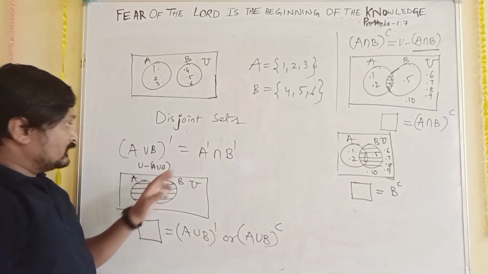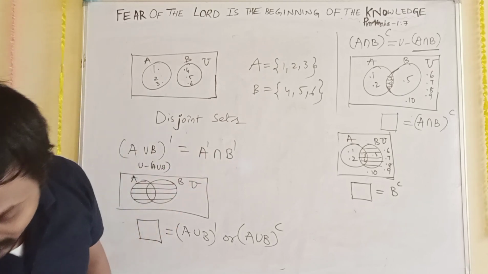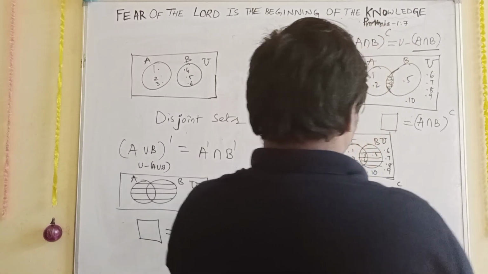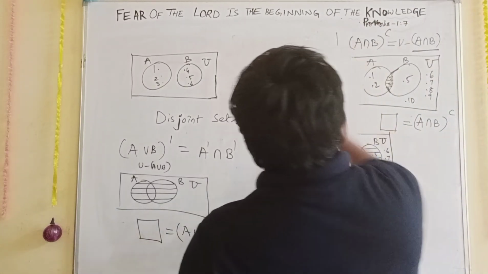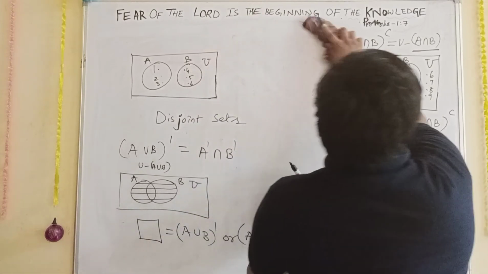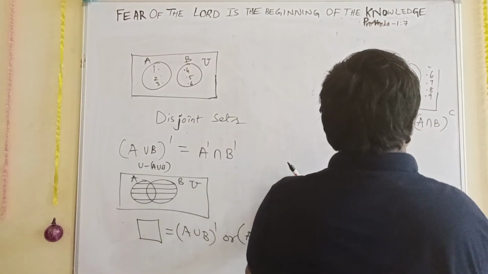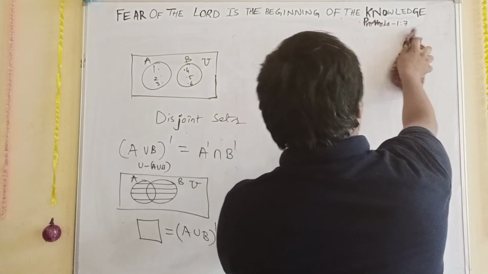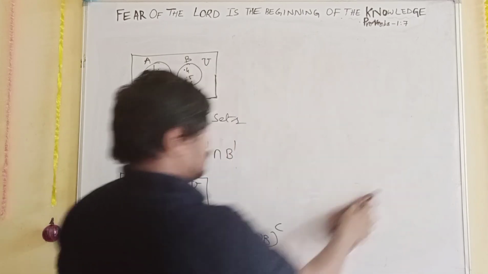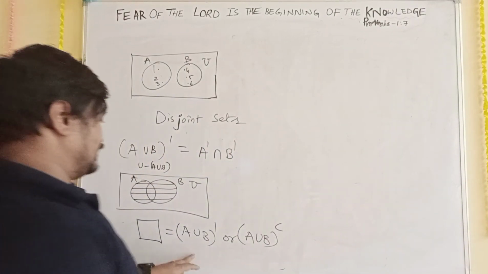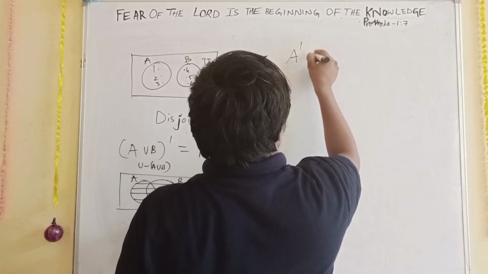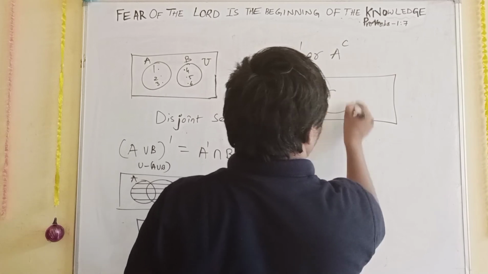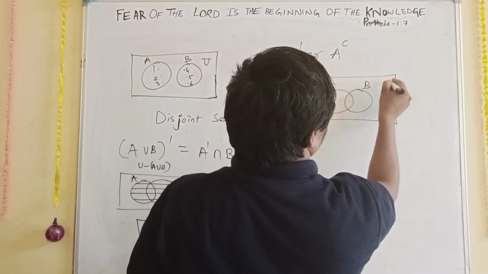Okay, so now A dash intersection B dash. Again I will show you what A dash and B dash are, then you can understand clearly. First, A dash or A complement. Let me draw for you all: A, B, union.